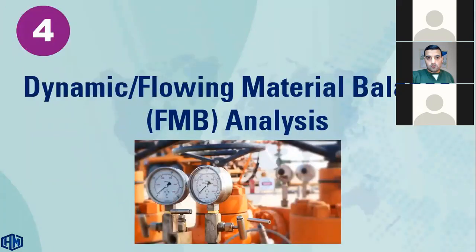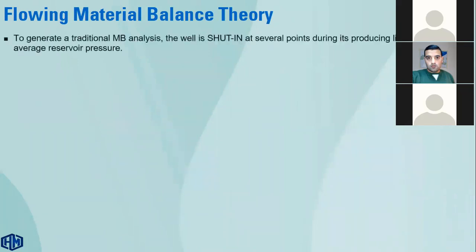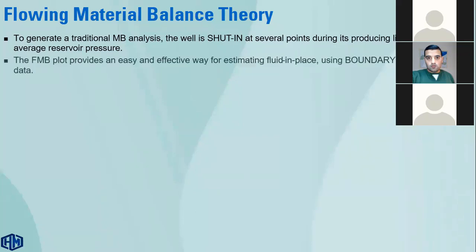The next is the flowing or dynamic material balance equation. As the name implies, this approach will cover the limitations of the conventional or static material balance equation, because in the traditional material balance, we have to shut in our wells at several points during production to get an accurate estimation of the average reservoir pressure.